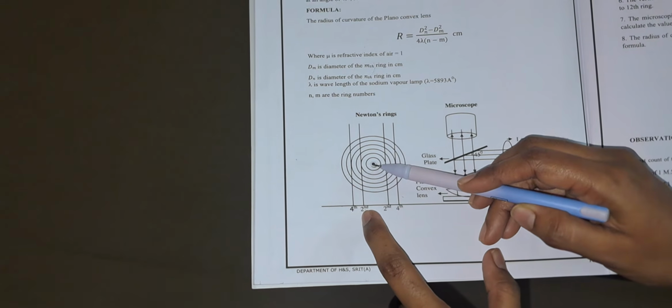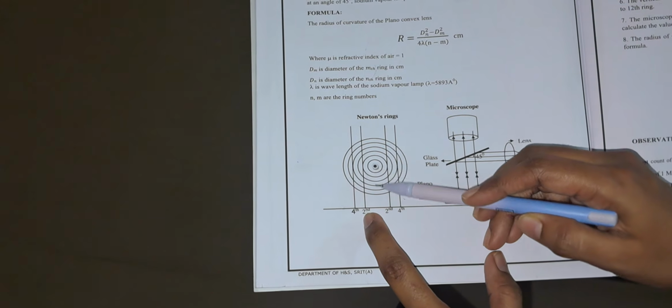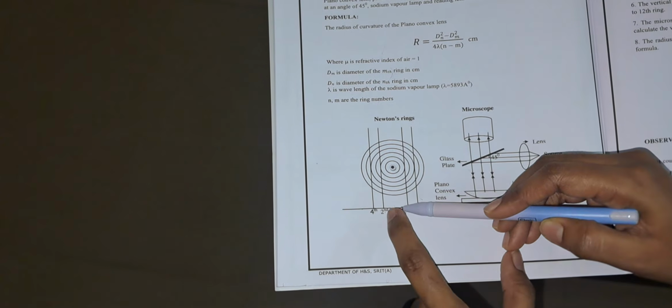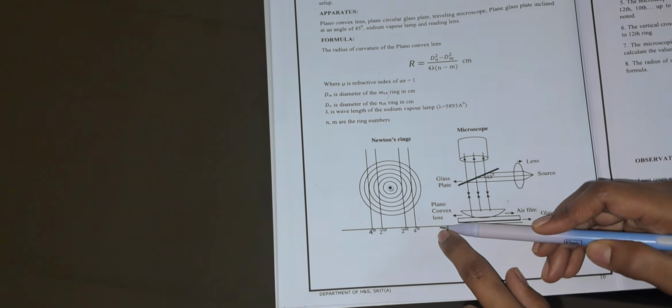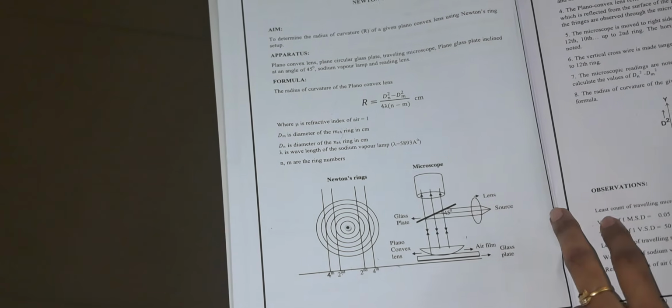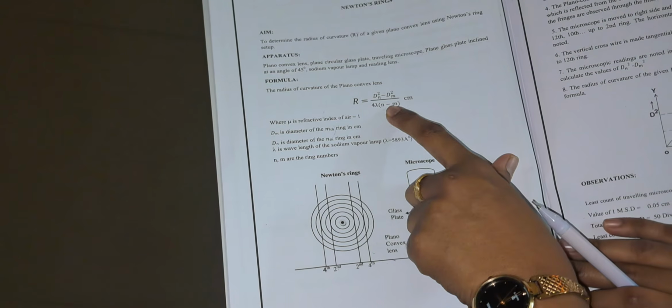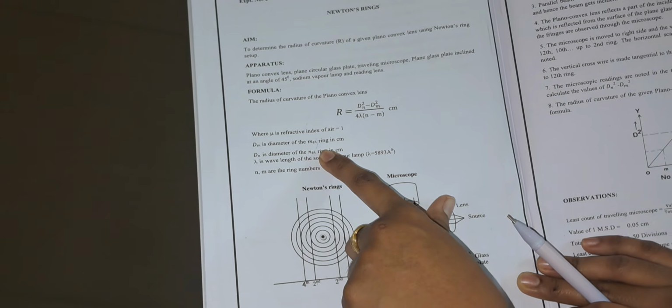Again we coincide with the 0, the centermost dark ring, and again we move on the right side to the 2nd ring, 4th, 6th, 8th and 10th consecutive ring. Likewise we read the readings of both vernier scale and main scale for the Newton rings, and we will get the diameter of the mth ring and the diameter of the nth ring.